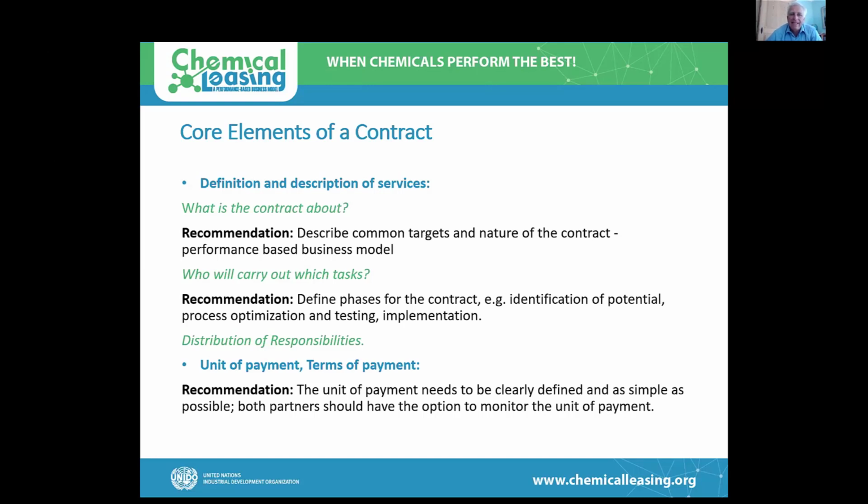And the tasks of the different partners can be very different, depending from case to case. And so it's essential that the main tasks, who is doing what, are mentioned here in the contract.